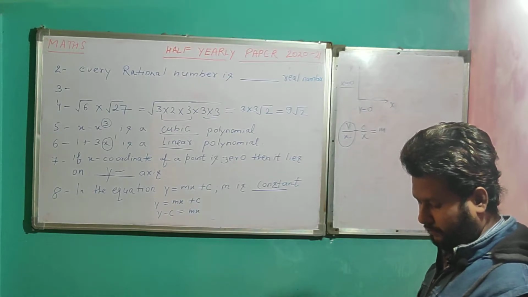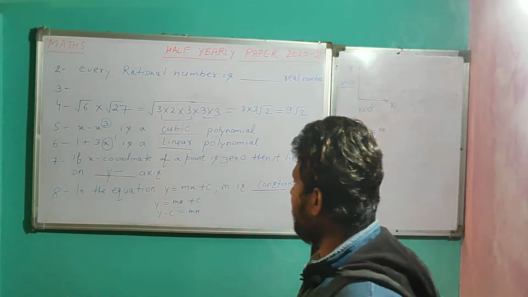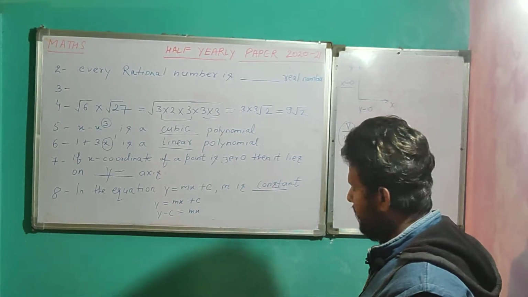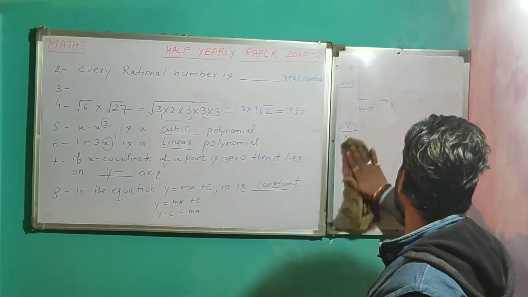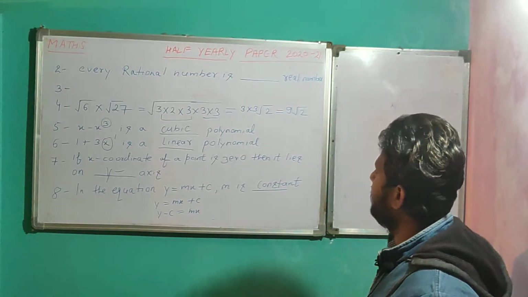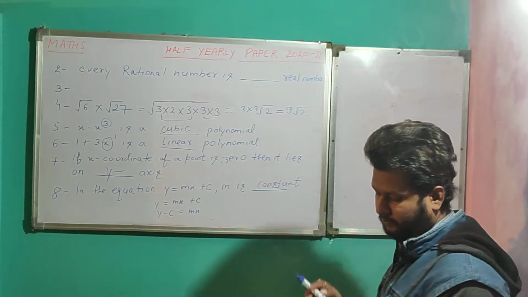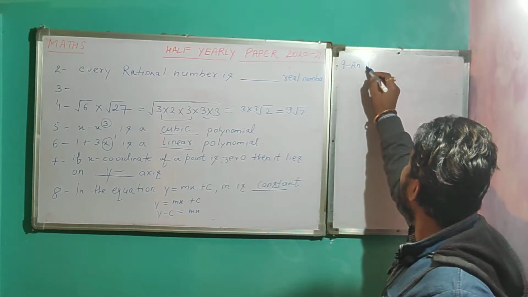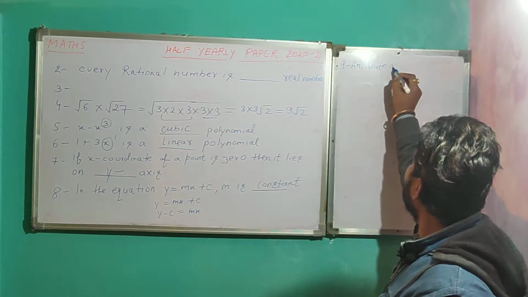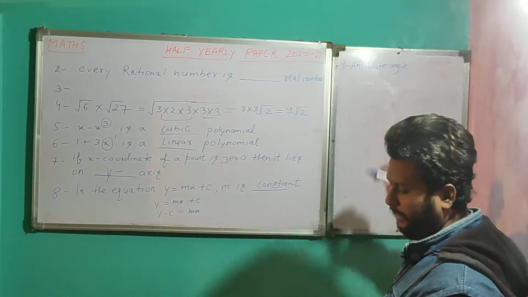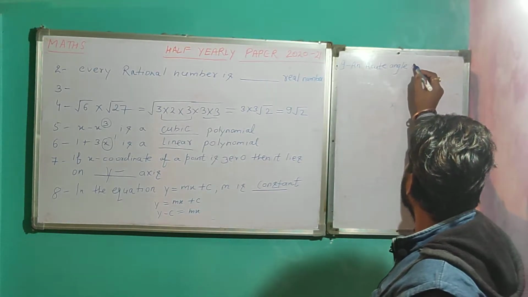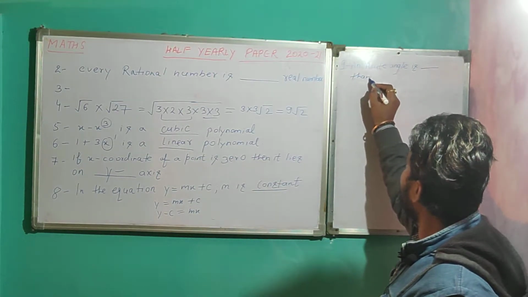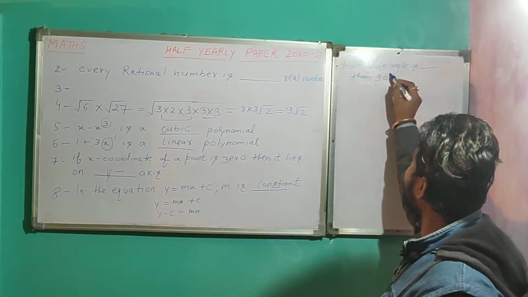Next question, question number 9. An acute angle is dash than 90 degree.